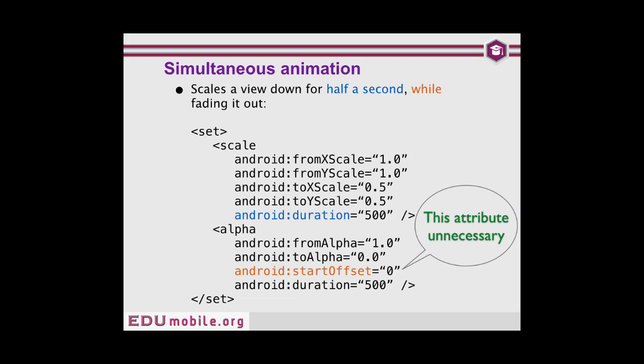And then the alpha animation from alpha 1 to 0, start offset here is set to 0, and duration 500 means it will take the same amount of time as the scale animation and start at the same time because there's no starting offset. Of course, we can omit this attribute. We could omit Android start offset entirely, because if we don't have a start offset, the alpha animation won't be offset in time from the scale animation or any other animation. It will start at the beginning.